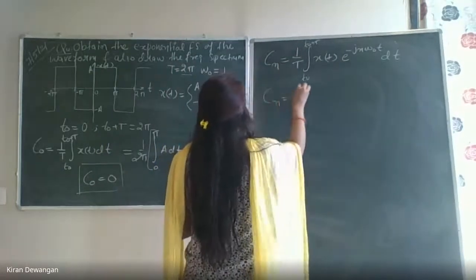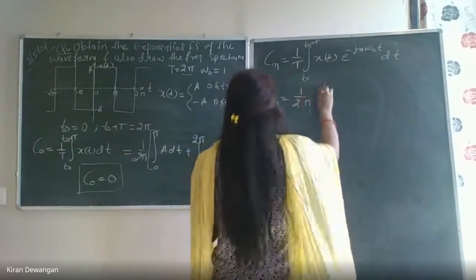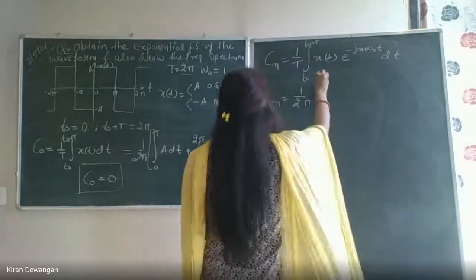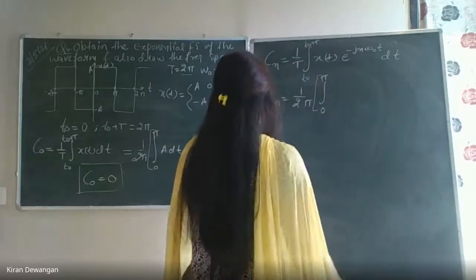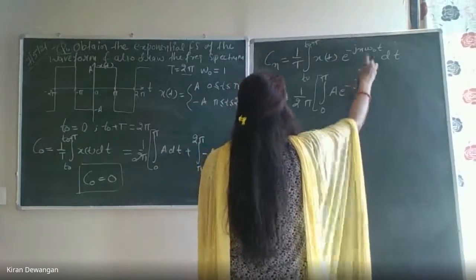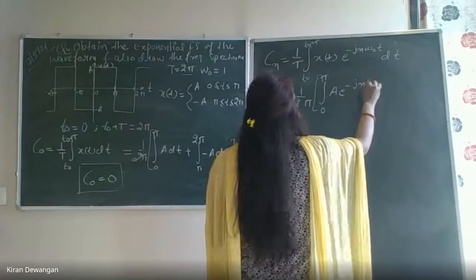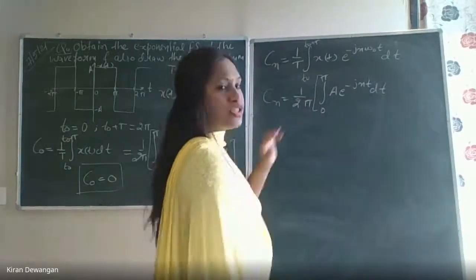Then Cn will be 1 by T, which is 1 by 2 pi. Now we have the integration limit again, and we'll take it in two parts. 0 to pi, x of t is a, e to the power minus j n omega naught t, which is 1, so e to the power minus j n t dt. Okay? So this is my first part.